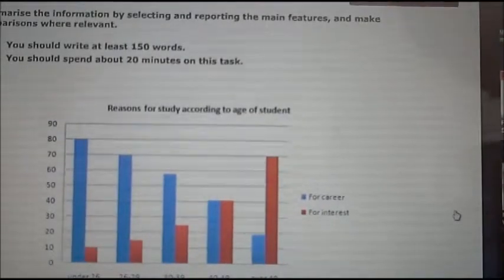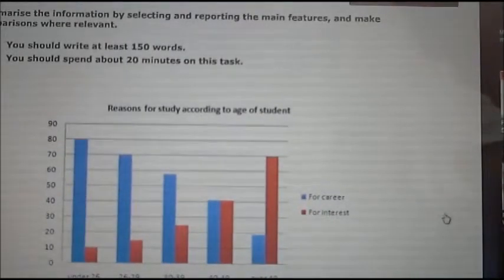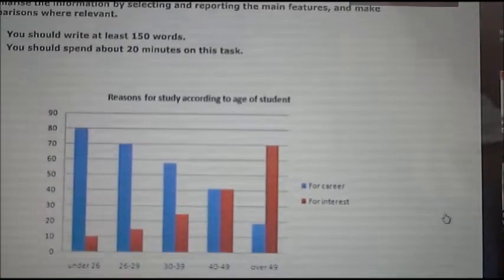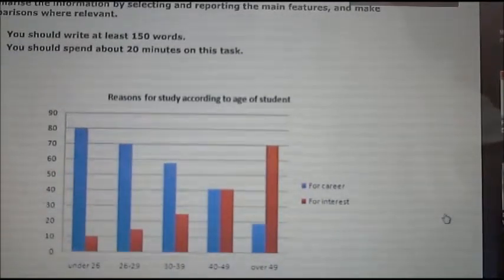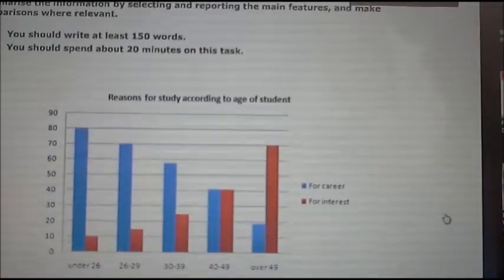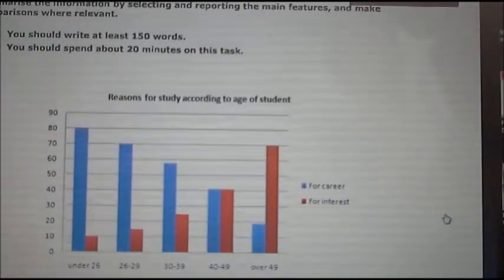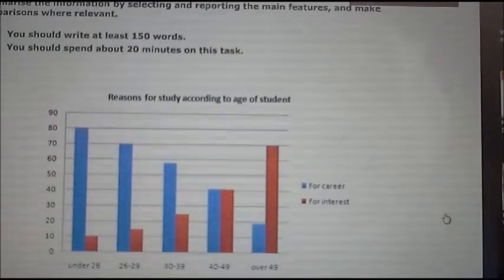Good. Now look at the two axes, the horizontal axis and the vertical axis. What do you think is on the horizontal axis and what is on the vertical axis of the graph? On the horizontal axis is the age. Yes, good.